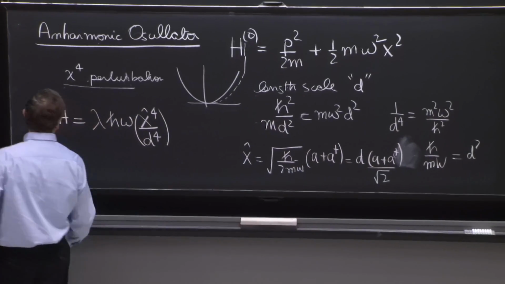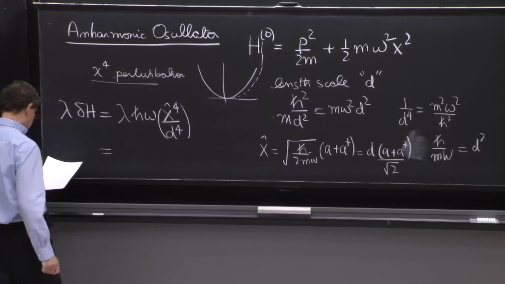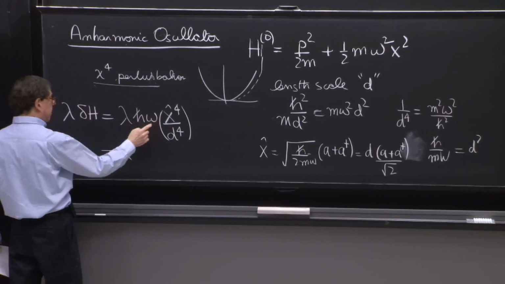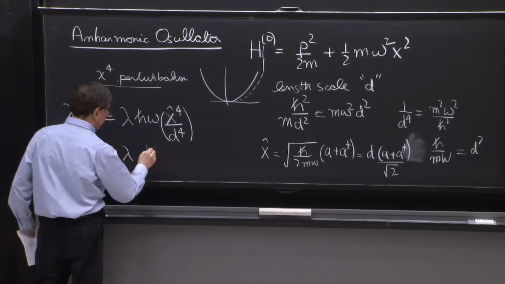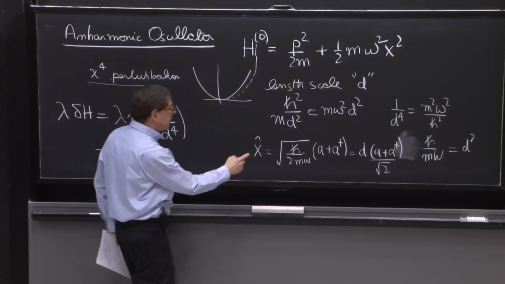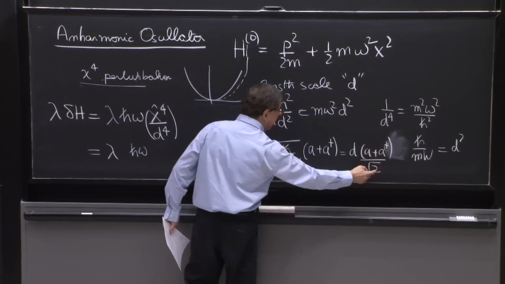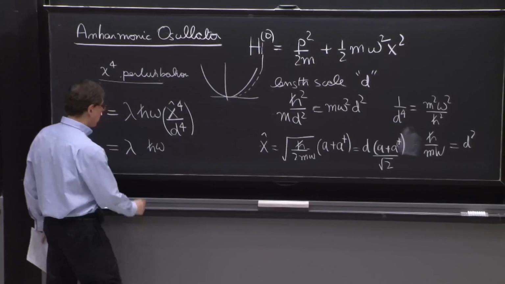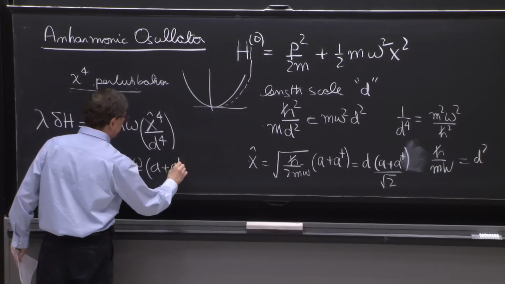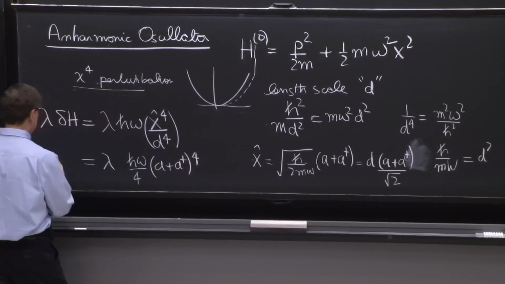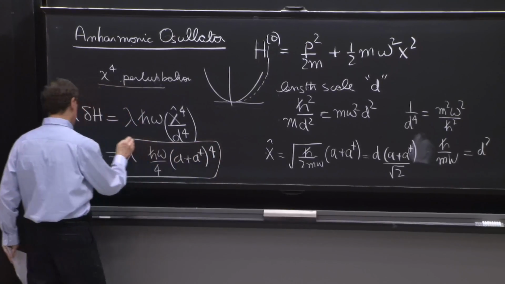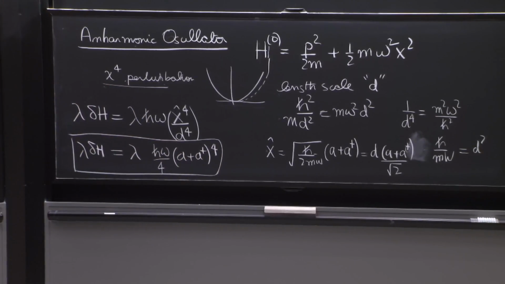So this perturbation, lambda delta H, is equal to lambda h bar omega. Now, x over d is a plus a dagger divided by square root of 2. So you have a 4 here, (a plus a dagger) to the fourth. So that's lambda delta H. That's your perturbation.